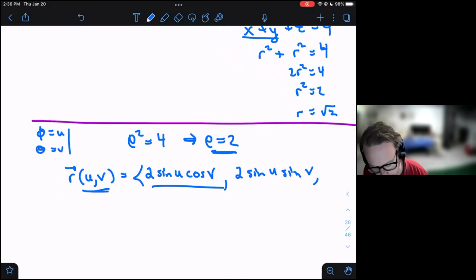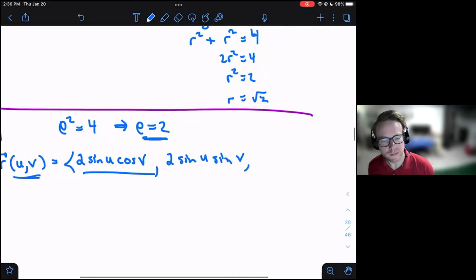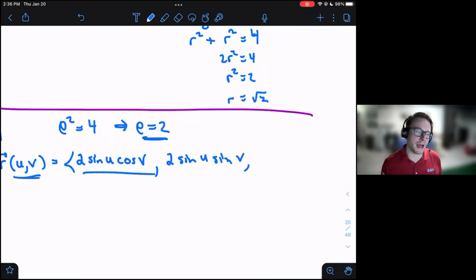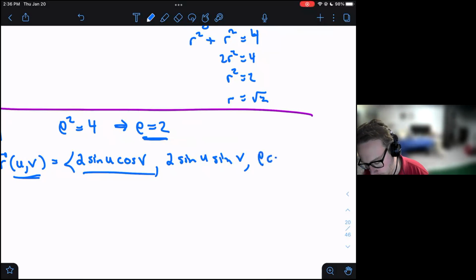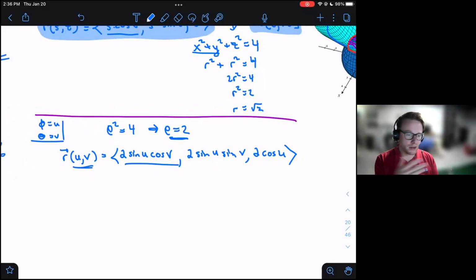And finally for z, in spherical it was rho cosine phi. Rho is 2 because we're on the sphere, and phi is u. There we go. Now we have our parameterization for the entire sphere.